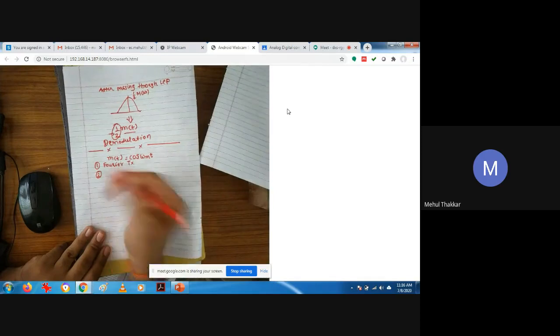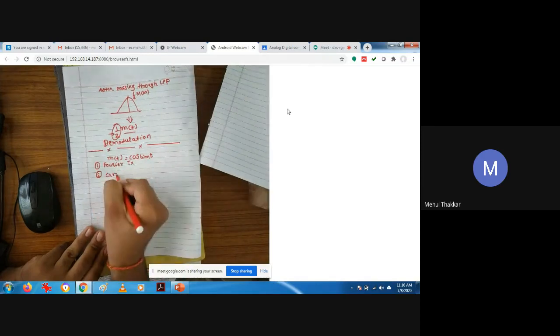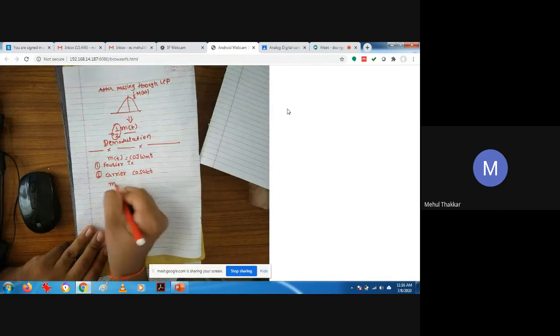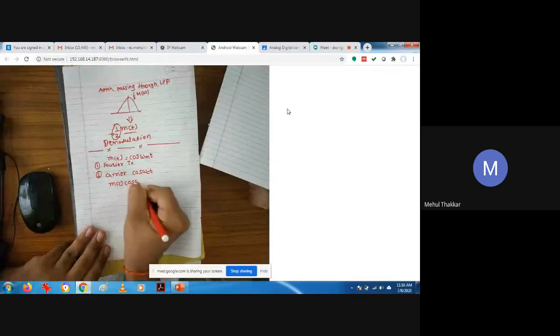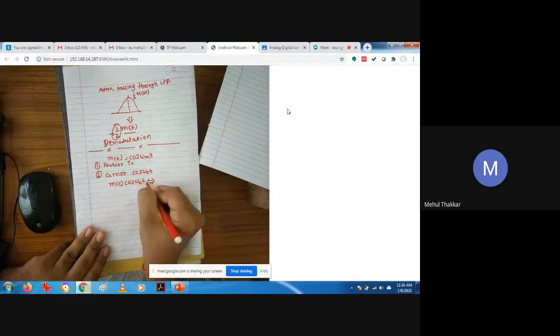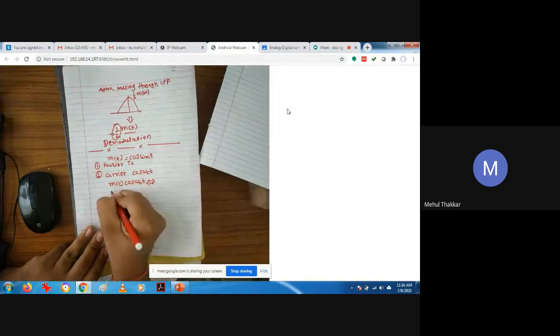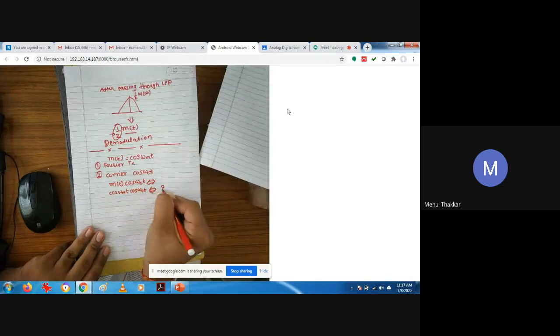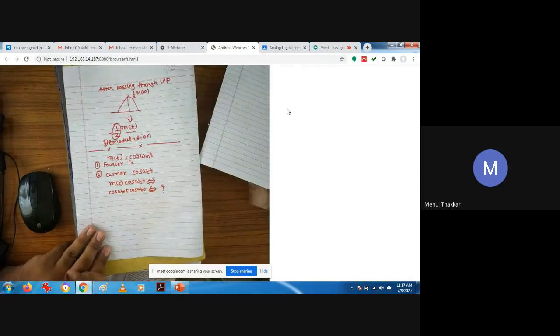So find the Fourier transform of m of t cos omega ct: instead of m of t, keep cos omega mt, then keep cos omega ct. Find the Fourier transform of this modulated wave.